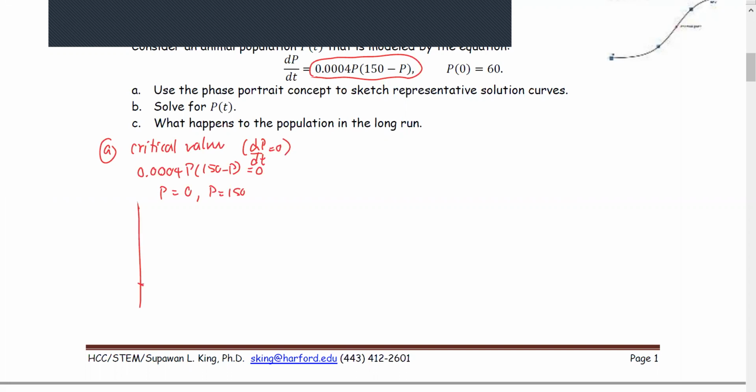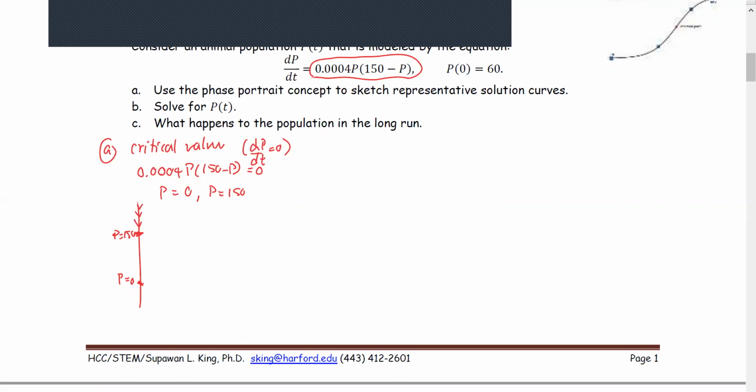Draw the vertical line, and locate P equals 0 and P equals 150 on the vertical line. Identify the arrow, whether it's going up or coming down, to represent the derivative dP/dt greater than 0 or less than 0, respectively. For P greater than 150, dP/dt is negative, so the arrow is coming down.